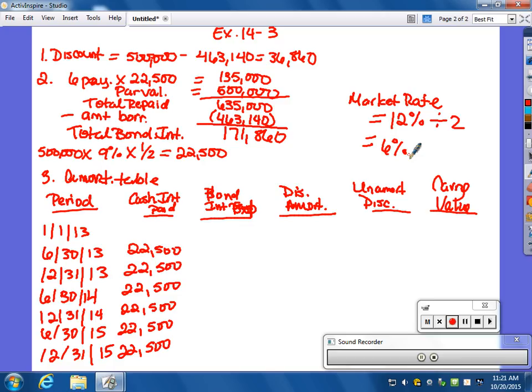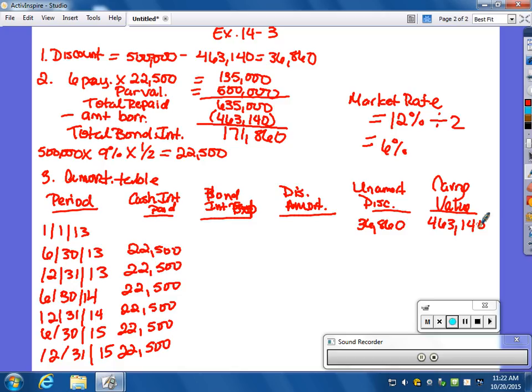So the unamortized discount for the first year was 36,860, and the carrying value was 463,140 for the first year.